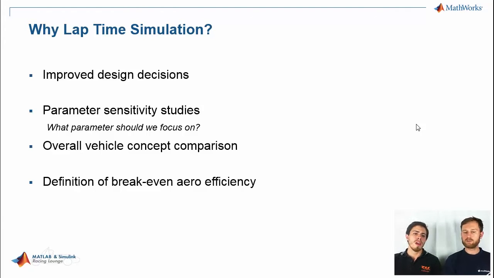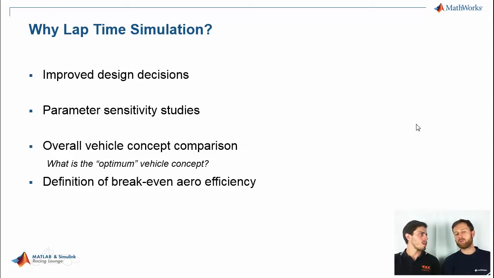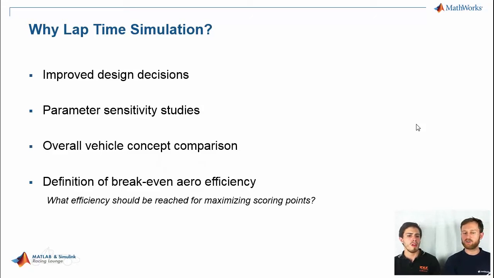And also we compare different vehicle concepts, whole concepts. For example, should I build a one-cylinder engine or a four-cylinder engine in the car? And we will talk about that a bit later on. What is pretty new to me when I read about it is aero efficiency. So what is the relation between aerodynamics and lap time simulation?